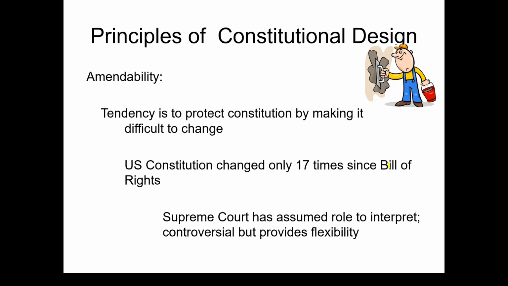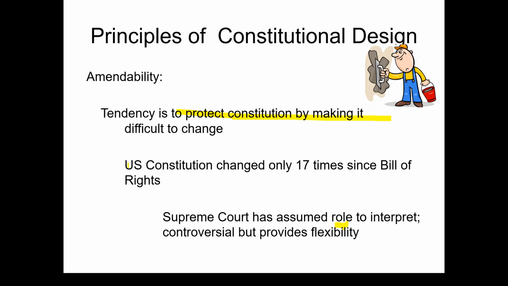So the tendency is to make it fairly difficult to change, and in the United States it is extremely difficult, and becoming even more so. As you may recall from reading the Constitution, in order for an amendment to pass, both houses of Congress, the Senate and the House, have to pass it by a two-thirds vote.